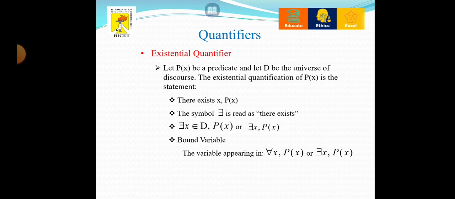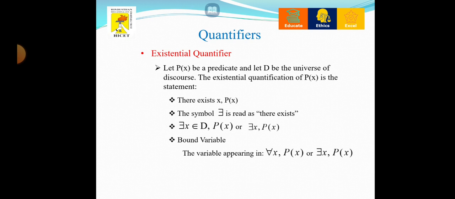Then the existential quantifier. Here too, let P of x be a predicate and let D be the universe of discourse. The existential quantification of P of x is the statement: there exists x, P of x. The symbol is the reverse of E, read as there exists or for some.